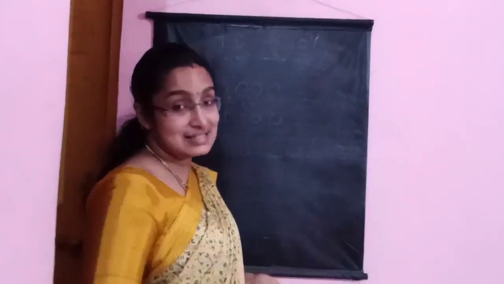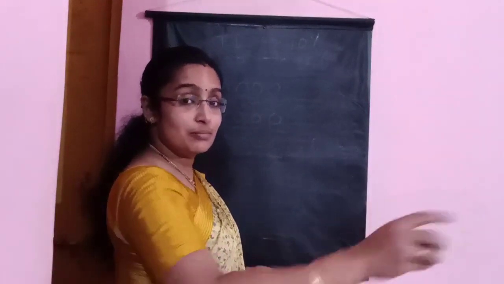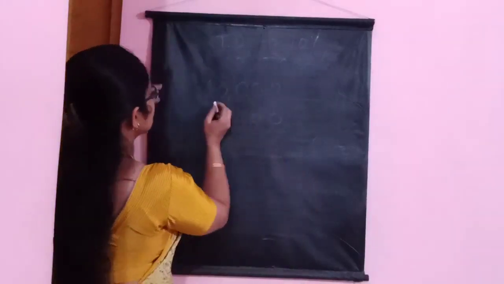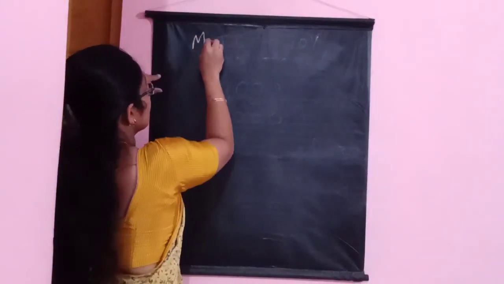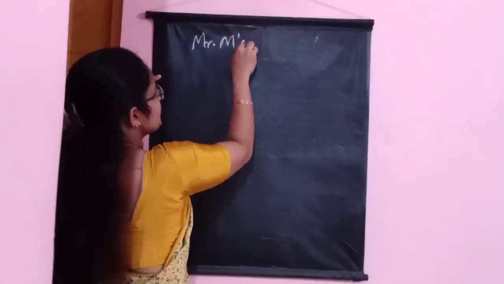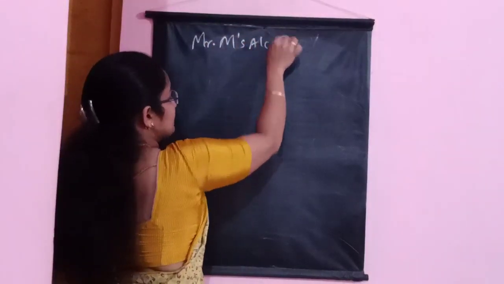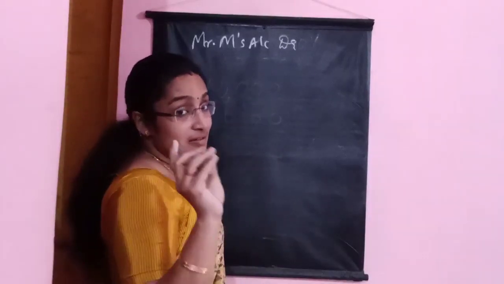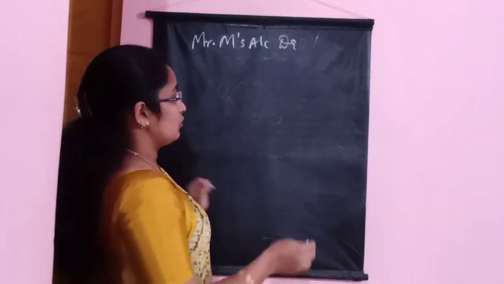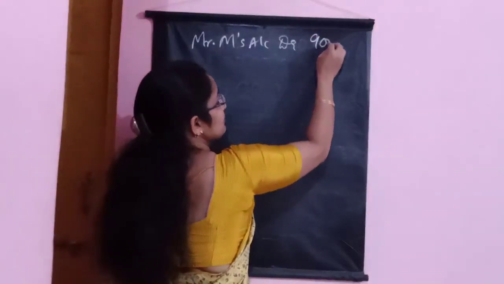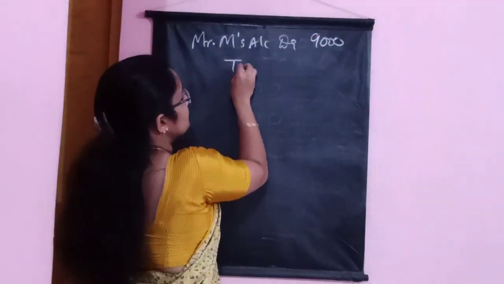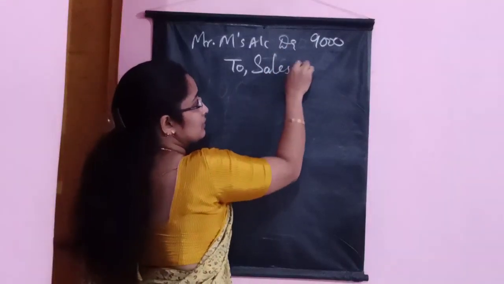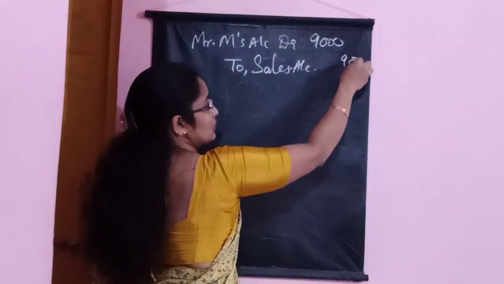The entry for the sales done to Mr. M will be recorded in our books as Mr. M's account debit. After reducing the trade discount of rupees 1,000, we'll write the amount of rupees 9,000 to sales, rupees 9,000.